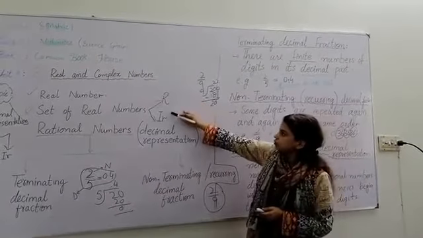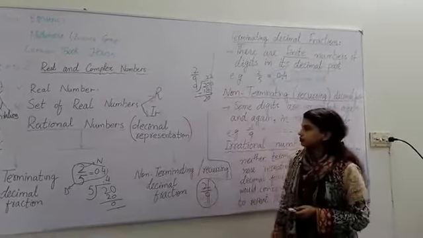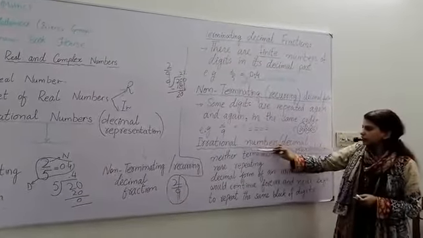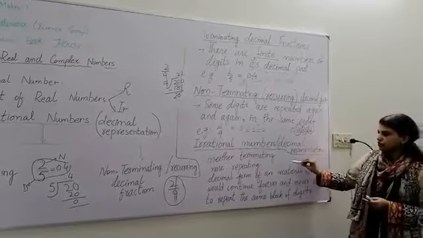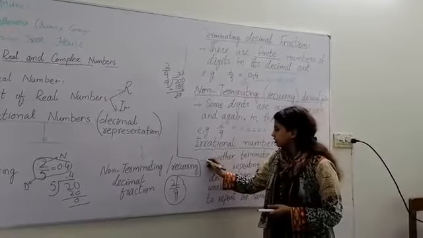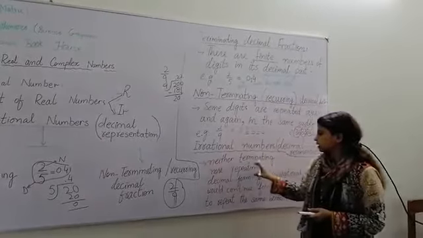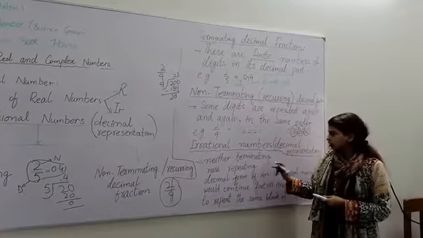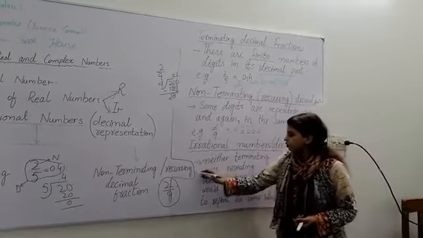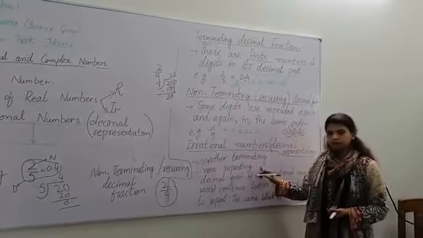Now have a look at the decimal representation of irrational numbers. In irrational numbers, the answer is neither terminating, meaning it does not have a finite number of digits, nor repeating.